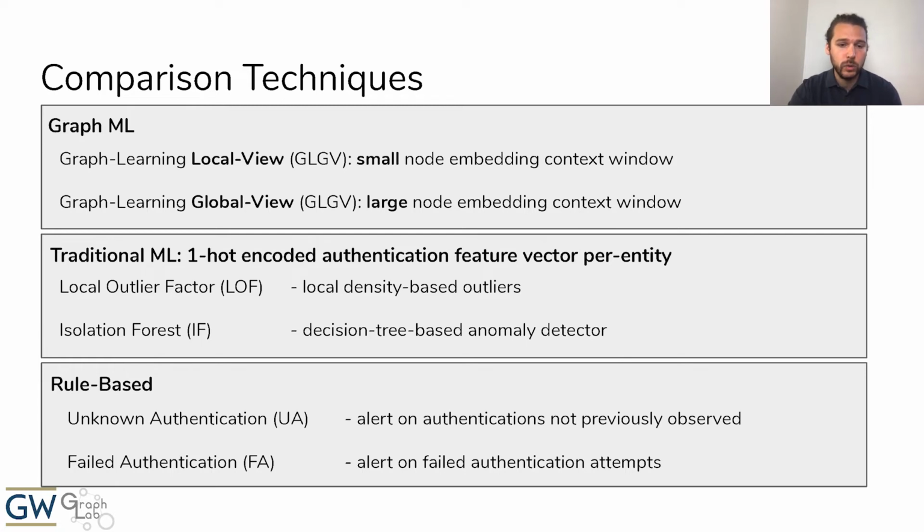Finally, we tested 2 rule-based techniques, which are likely to be the closest to the techniques that are currently employed by cyber defenders for detecting malicious authentication activity. The unknown authentication technique identifies any authentication event that was not previously observed during the training period as anomalous, and the failed authentication technique detects any failed authentication activity.